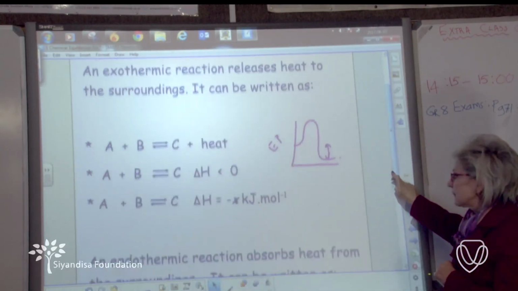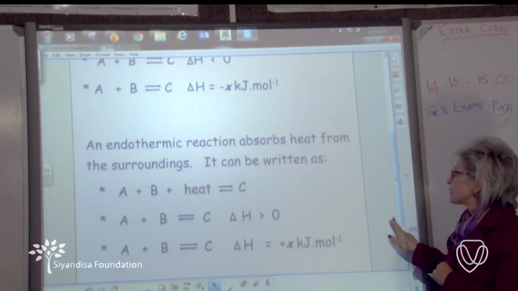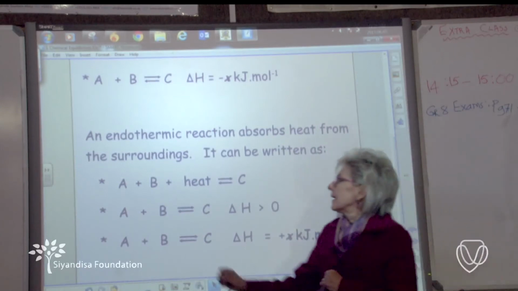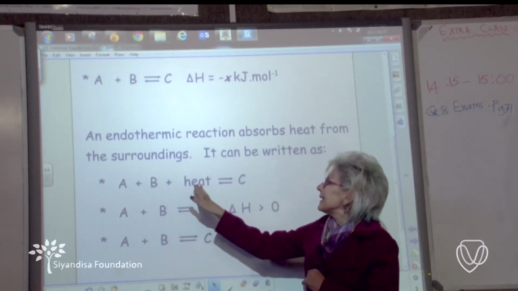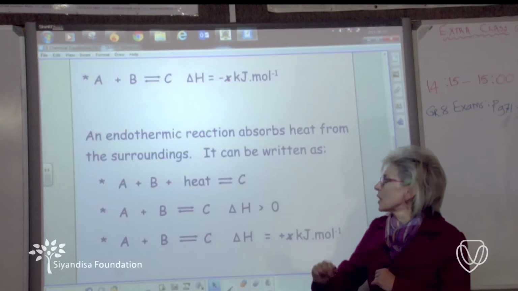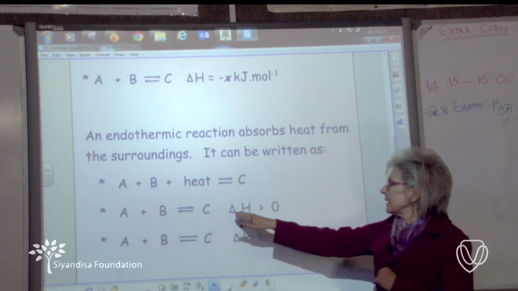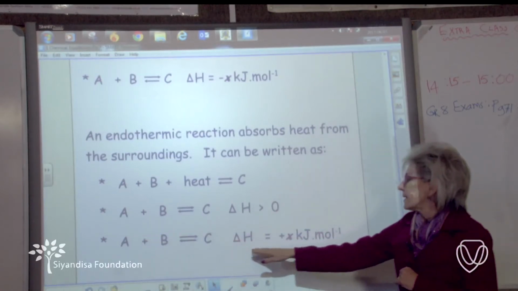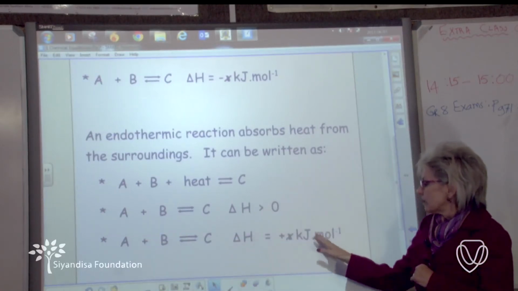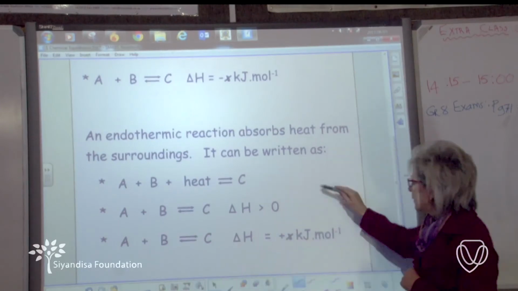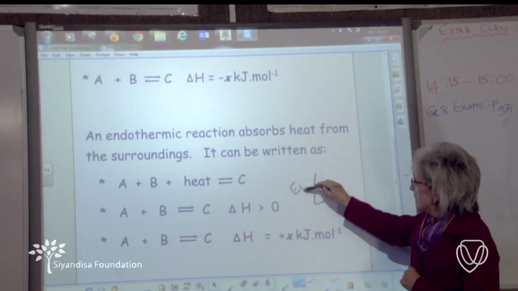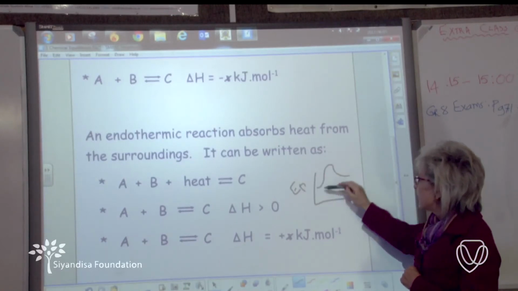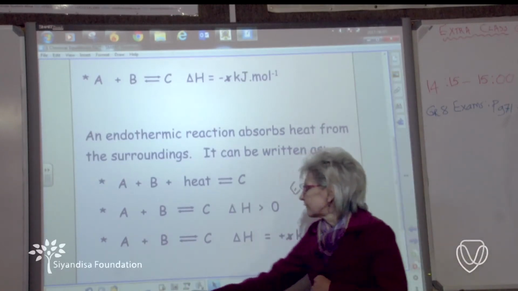And then similarly, for an endothermic reaction, which absorbs heat from its surroundings, it can be written as reactants A and B need heat as well to form C, or A and B form C, delta H is greater than 0, or A and B form C, delta H being positive, and then of course our potential energy curve looks like this, where you end up at a higher energy state than where you started off from.